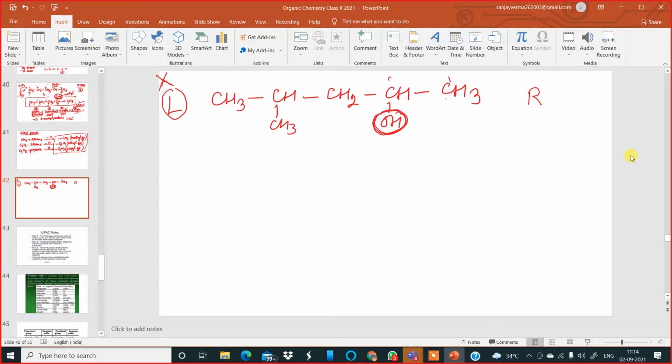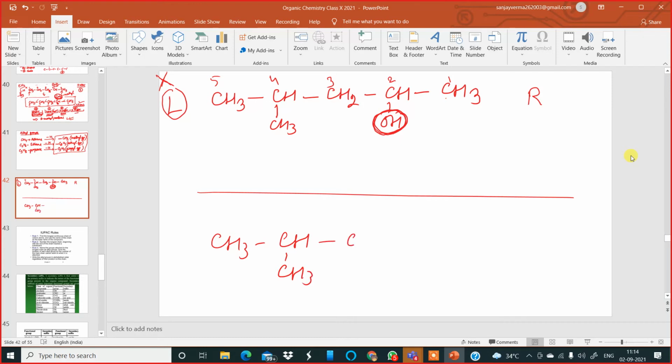Carbon 1, carbon 2, carbon 3, carbon 4, and carbon 5. Wait, see. If it was like this, CH3, CH, CH3, CH2, CH2, then CH3, you will not number from the right here.